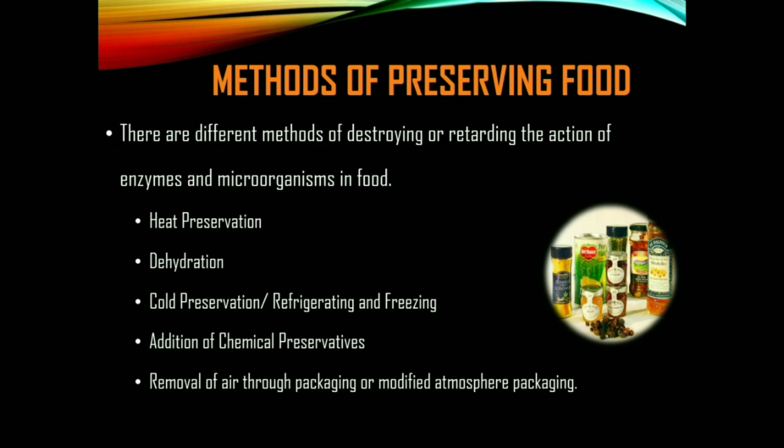We also spoke of cold preservation or refrigeration and freezing, where certain food items have to be stored at the appropriate temperature in the refrigerator or the freezer, right? And things that may be stored in the refrigerator may include vegetables, fruits, right? And things that are stored in the freezer are foods that are highly perishable. So we speak about meat, poultry, fish, etc., right?